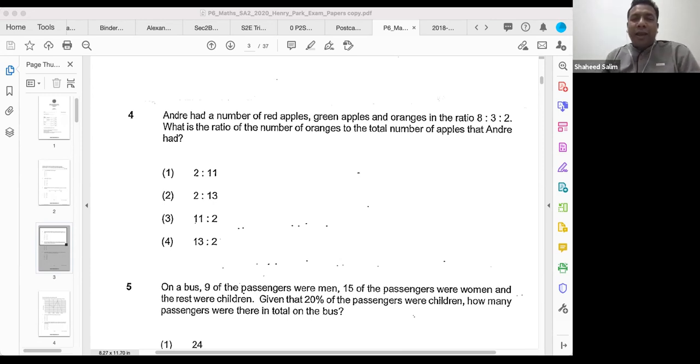Now, Andre had a number of red apples, green apples, and oranges in the ratio of 8:3:2. So this one, Izzat and Shakil, you write that R is to G. You must do your working like this. R is to G is to what? Fill in the blanks.